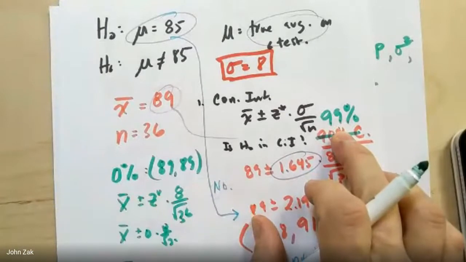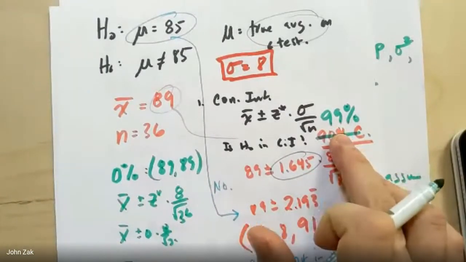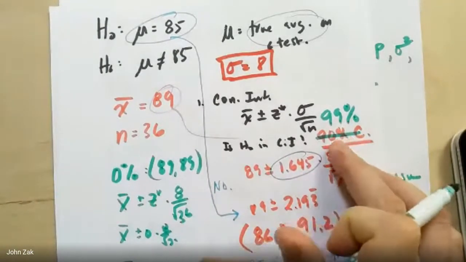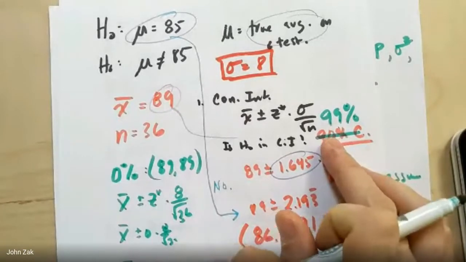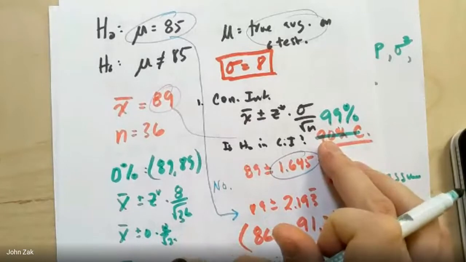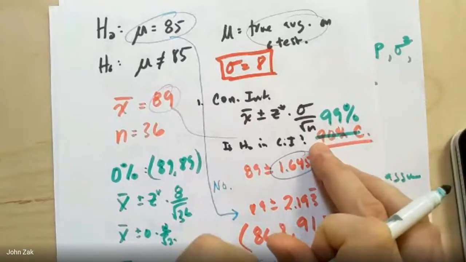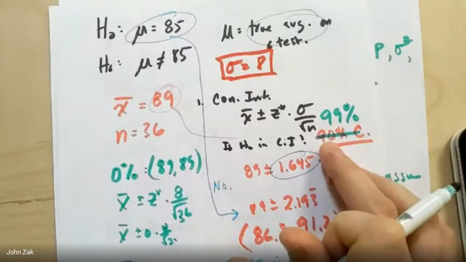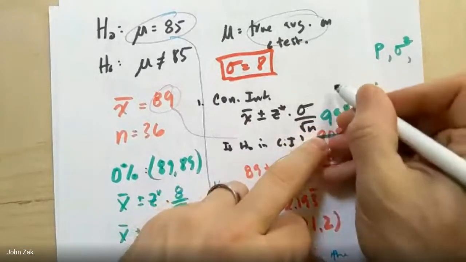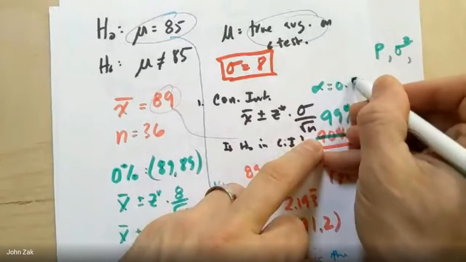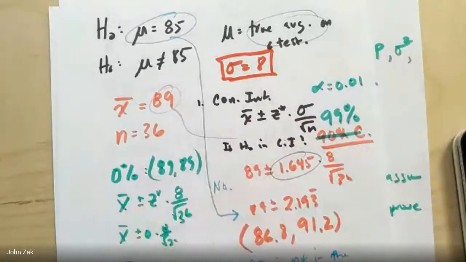All right, someone tell me in the chat, 99% confidence, what's the level of significance for a significance test? Nakira chimes in quickly with 1%. Nakira had it. 99% confidence would go down to alpha equals 0.01, a 1% level of significance.